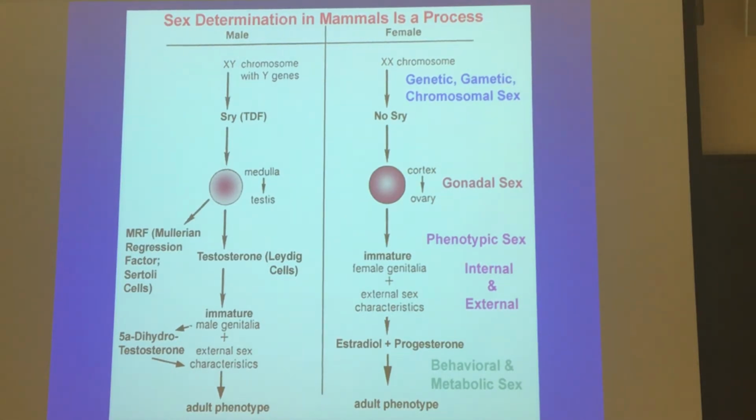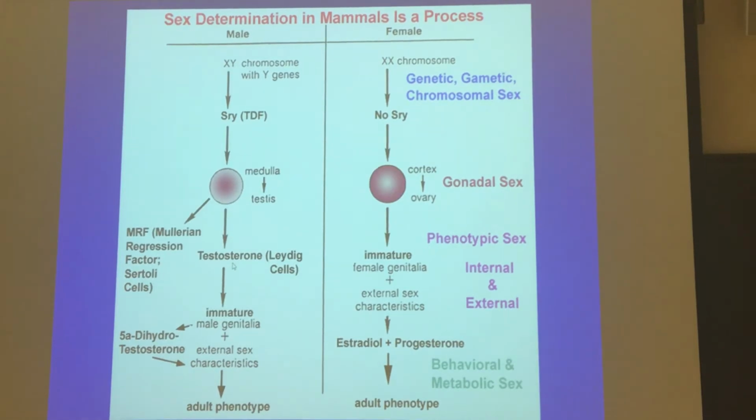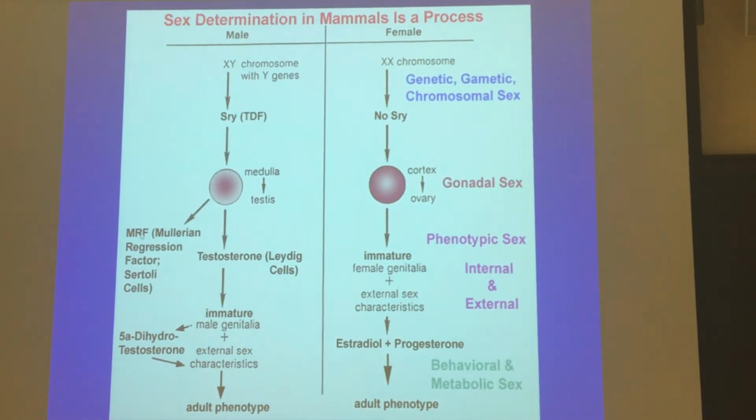The Mullerian ductal system is the tissue that would normally develop into the fallopian tubes and the uterus. In the presence of MRF, that regresses. Now, if things are going normally, there's also testosterone around at this time, so you've got the male duct system differentiating in response to testosterone, the female ductal system regressing in response to MRF.